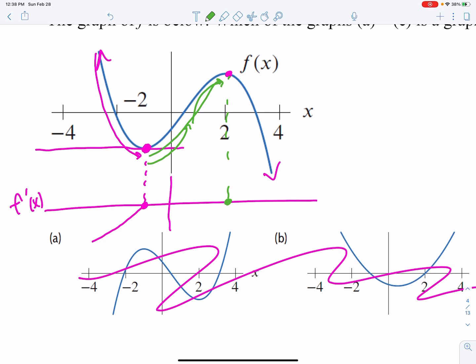In other words, draw some tangent lines in here. Let me clean this up so you can see better. Right here we have a small slope on this tangent line. Right here we have a larger slope on the tangent line, right? But somewhere in the middle here, these slopes start getting smaller and smaller again, and of course we said at the maximum the slope is 0.